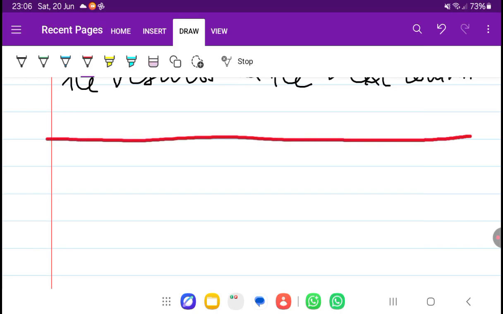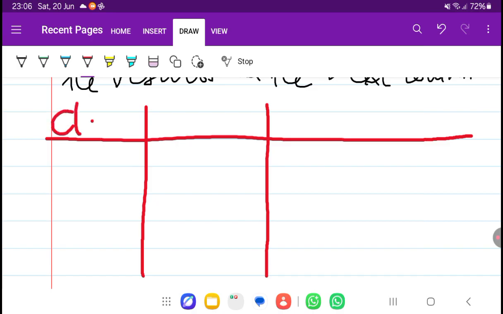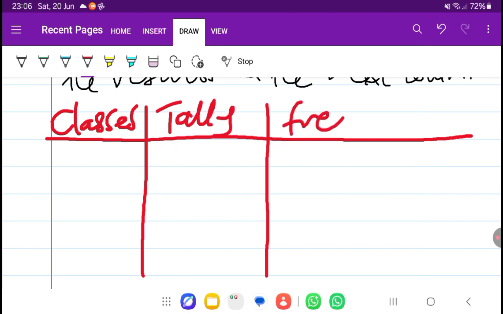So let's have the table. Remember, the table has to have columns and rows. So this is the first one. This is for the tallies, and then the last one. Of course, here we have classes. Then we have the tally. Then we have the frequency.